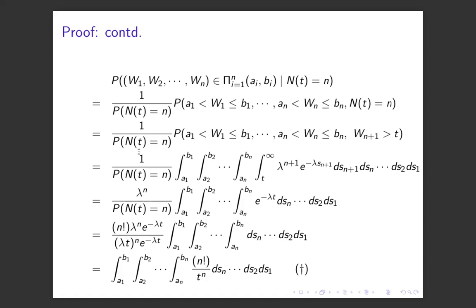And so you have now expressed the conditional probability, that is, the probability that W1, W2, ..., Wn take values in this rectangle given Nt equal to n, as an integral over this set of n factorial divided by t to the power n, ds_n to ds_2 ds_1.